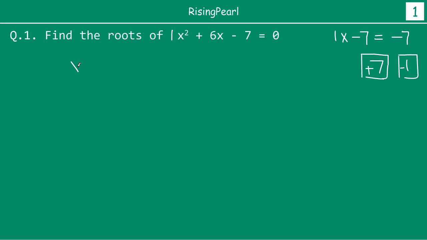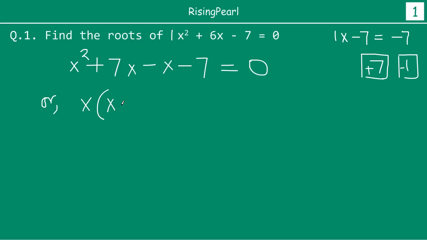So we will write this as x squared plus 7x minus 1x, or minus x, minus 7 equal to 0. From the first two terms we take x common, so it will be x plus 7, and from the other two terms we take minus 1 common, so we get x plus 7.